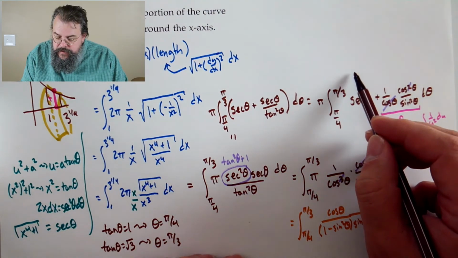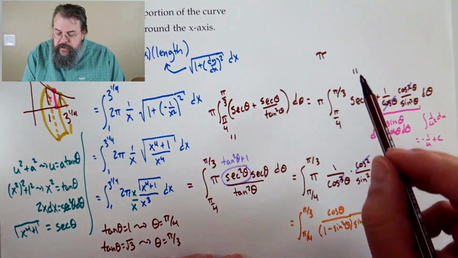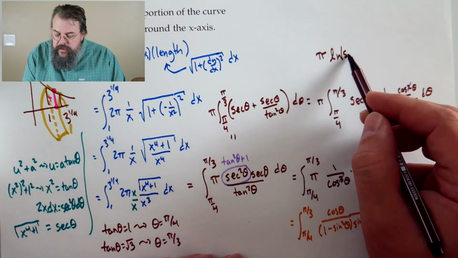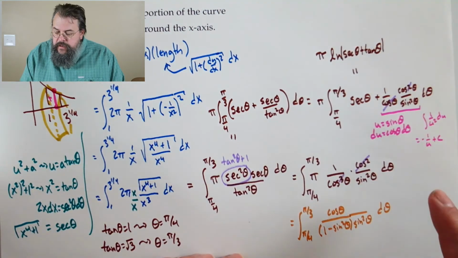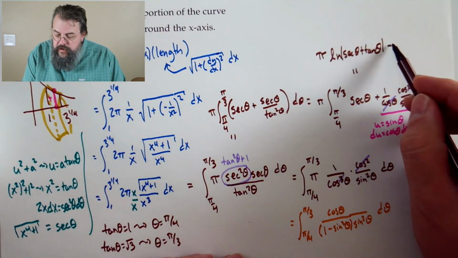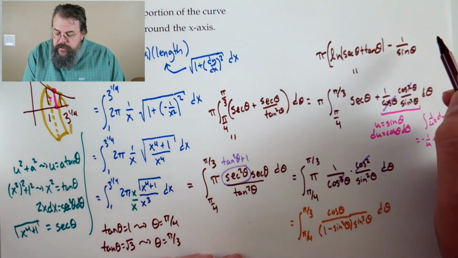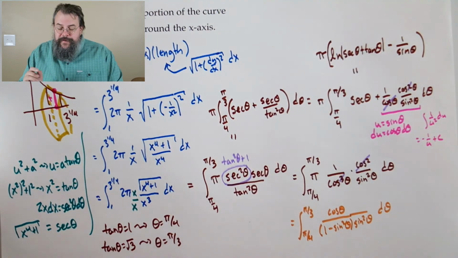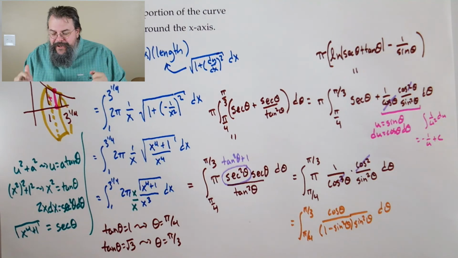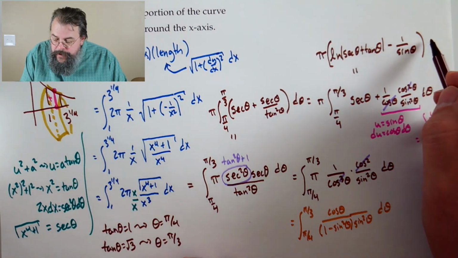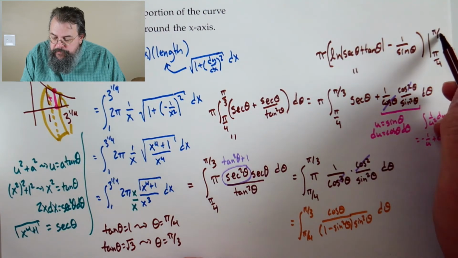This is equal to pi times the log of secant plus tangent, minus 1 over sine. There we go. We've succeeded. We integrated. Ah, good. And we evaluate from pi over 4 up to pi over 3.